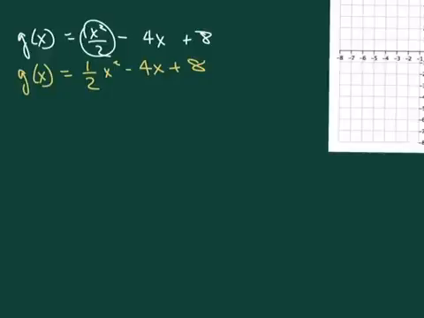But we don't want a number right there in front of the x squared, because remember, the formula looks like a times the quantity x minus h squared plus k. There's an a out here. It's pulled out. So what we're going to have to do is get rid of that number that's right there. So we're going to factor out a 1/2.